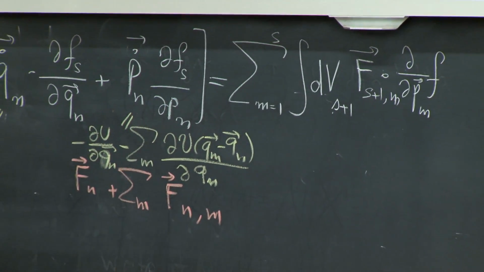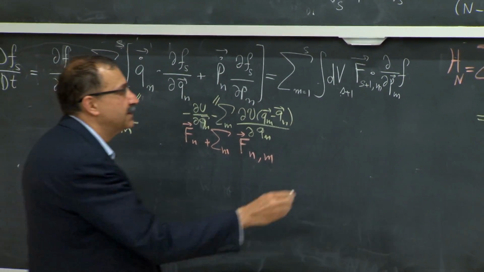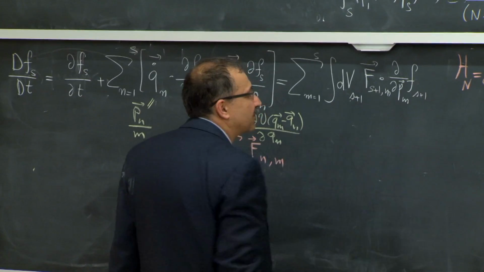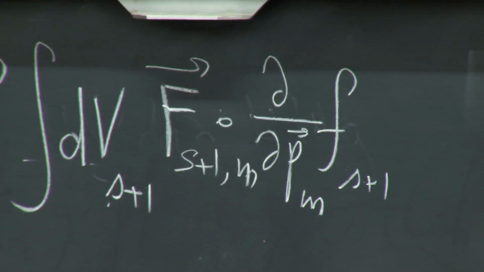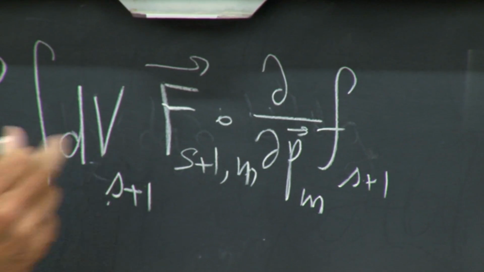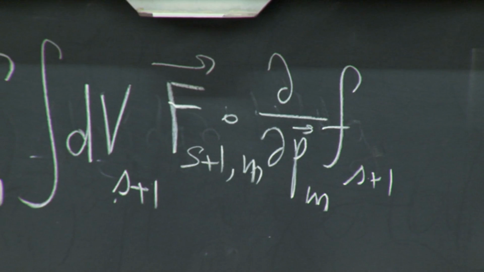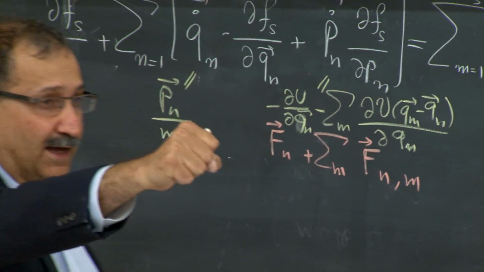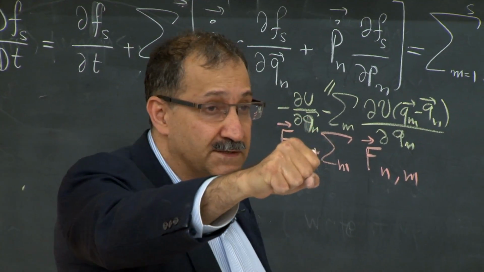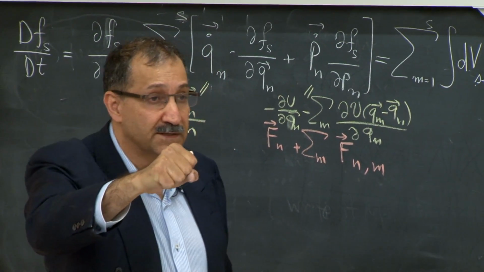But the thing that I have to put here is now a density that also keeps track of the probability to find the s+1 particle in the location in phase space that I'm integrating over. I have to integrate over all positions. So basically, there's, let's say, one particle that is moving along a straight line by itself. And then there are all of the other particles in the system.